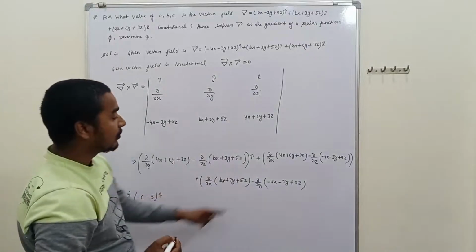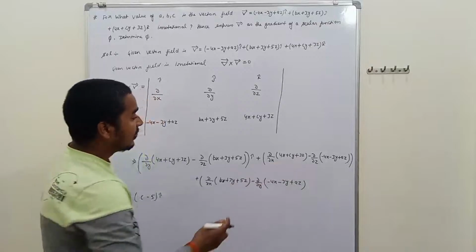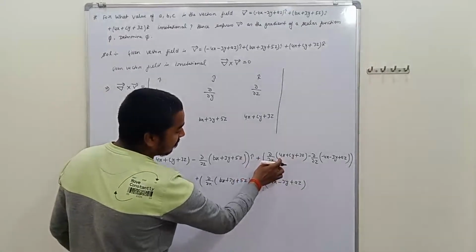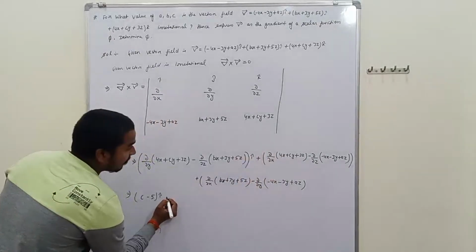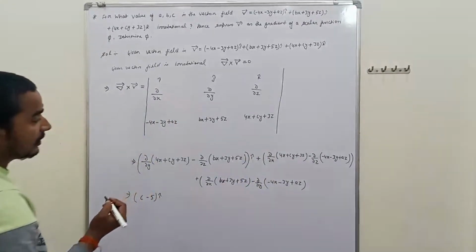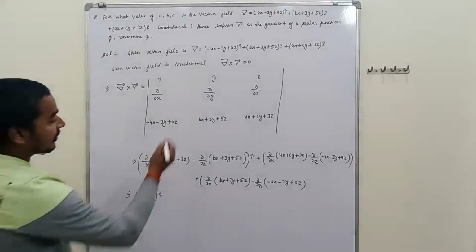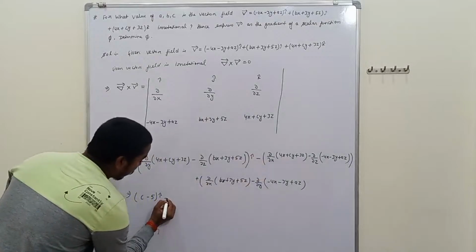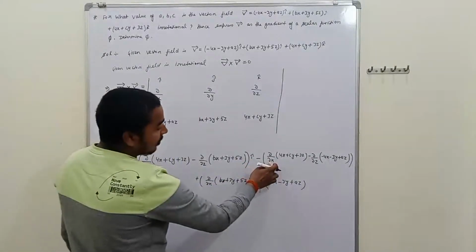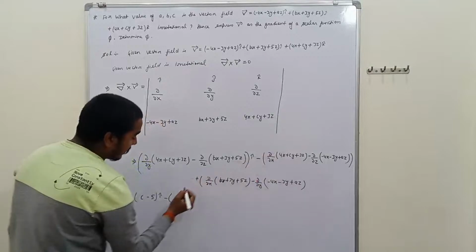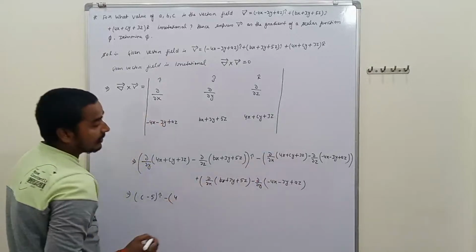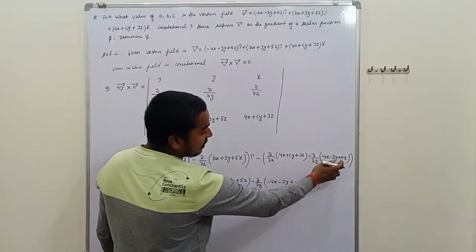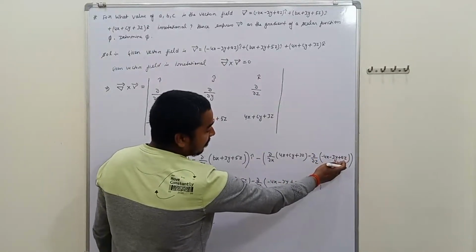For j cap, differentiating 4x with respect to x gives 4, and again minus del z of az, differentiating with respect to z gives a.